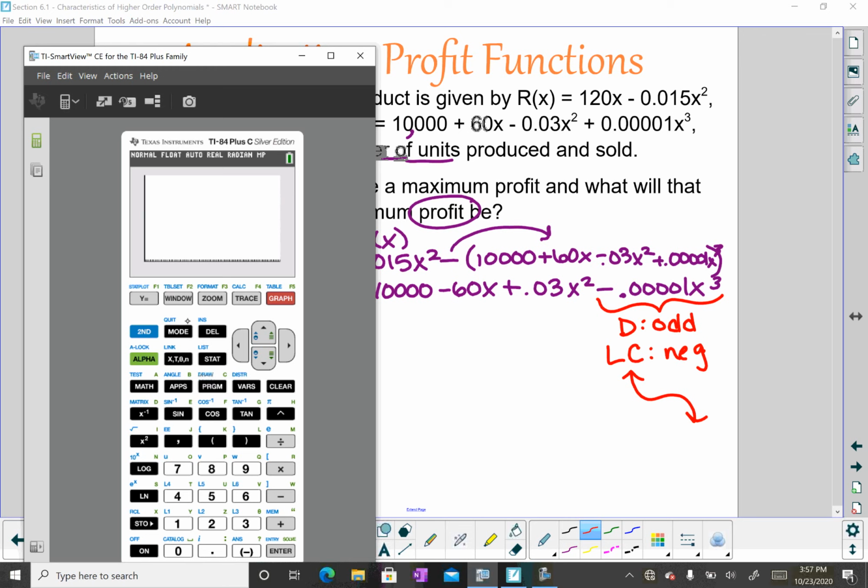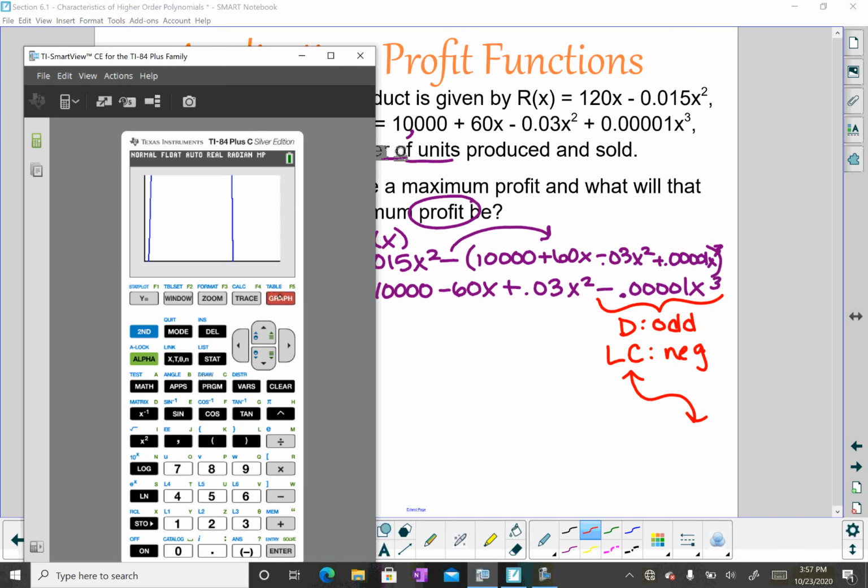Whole lot of nothing. Okay, so let's hit window again. Let's make my X 1,000. Graph it. Okay, we're getting closer here. Window. Let's make my X 5,000. Graph it. There we go.